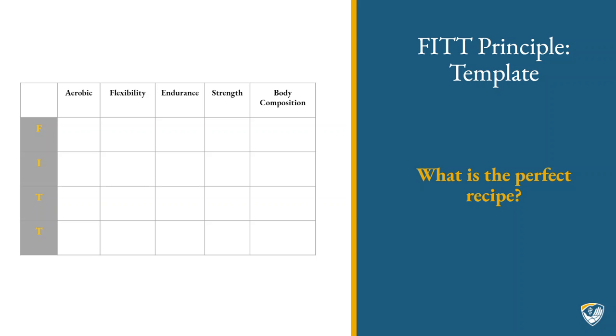So aerobic training, what does this look like in this column? Flexibility, endurance, strength, and body composition is on here primarily because patients with cardiovascular disease, as we know, typically have hypertension. So body fat and body fat percentage may be a component in their FIT principle goals.